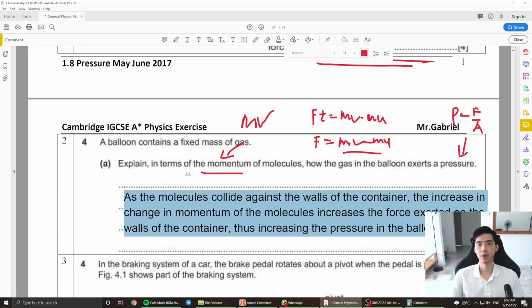You're supposed to write something down like this here, guys. Alright.